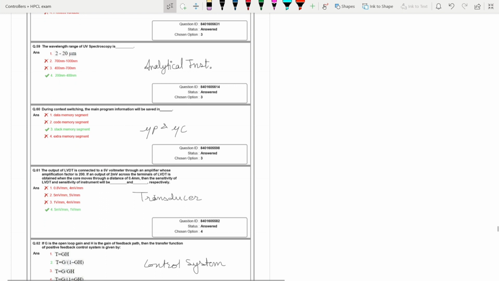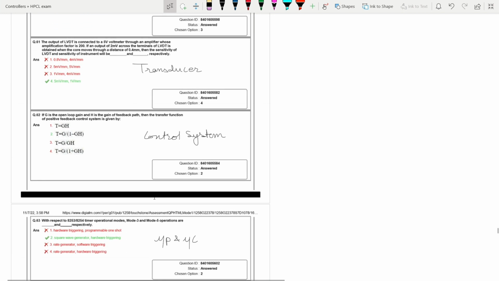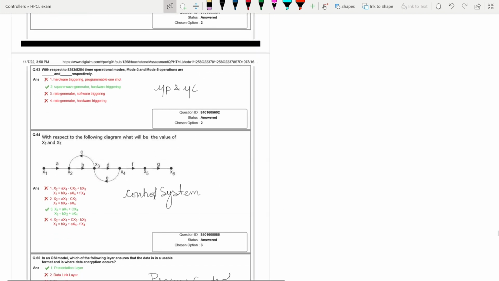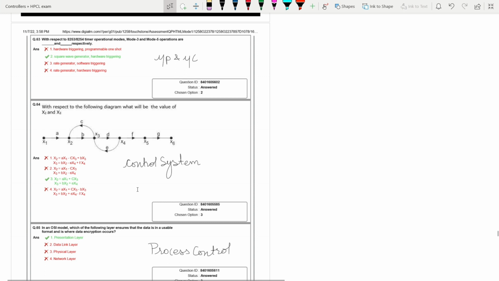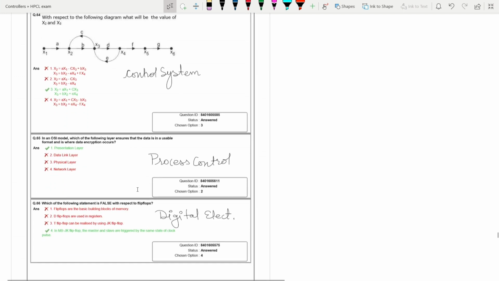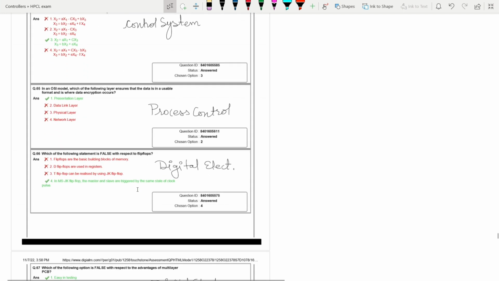Then you have microprocessor, microcontroller, transducer, control systems, and this is from the state space analysis, like not state space analysis, this is generally the signal flow graph question, and it's a very easy concept, like Mason's gain formula and all those things you observe over here. Then this is also process control, OSI model.